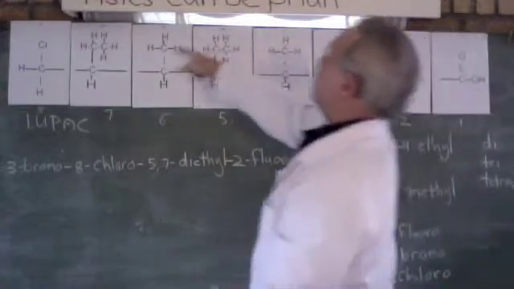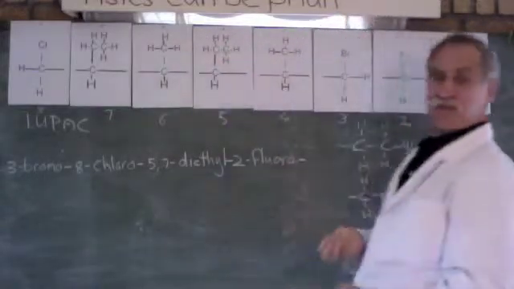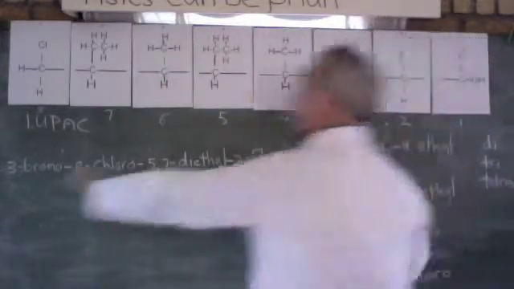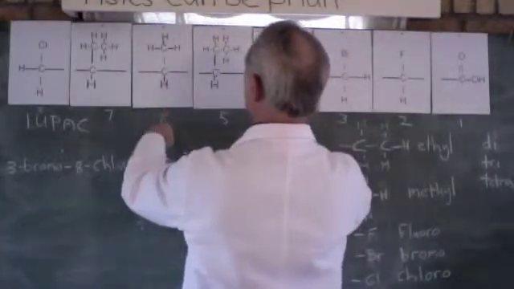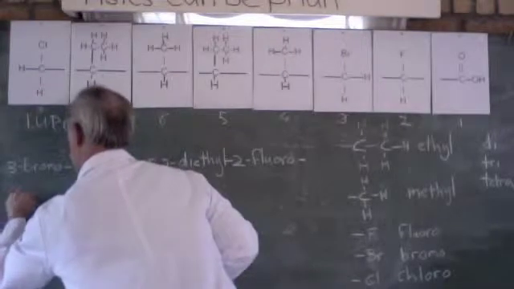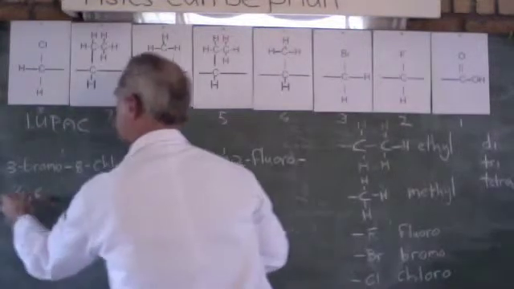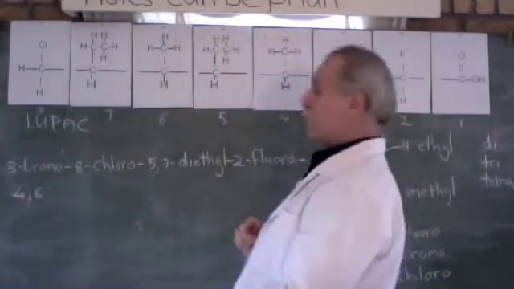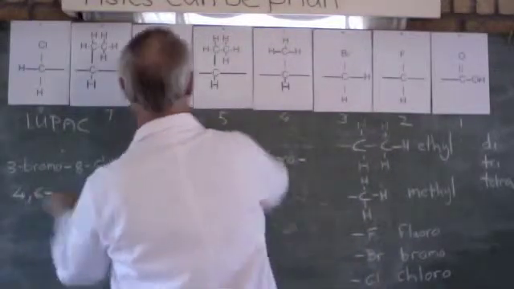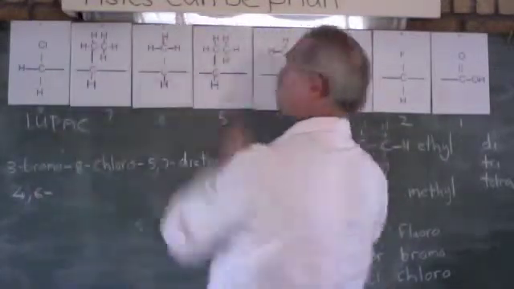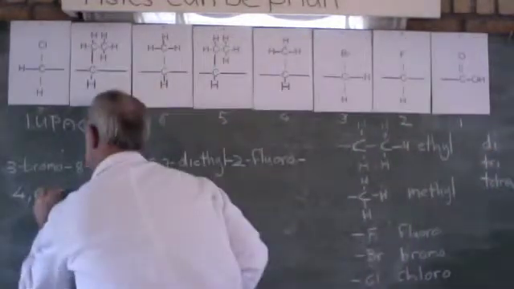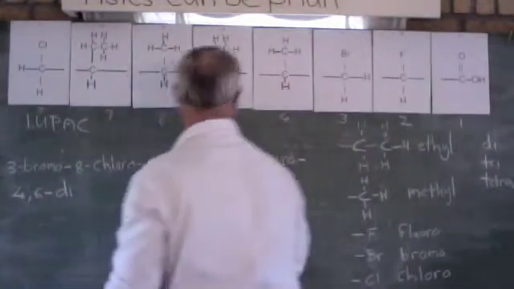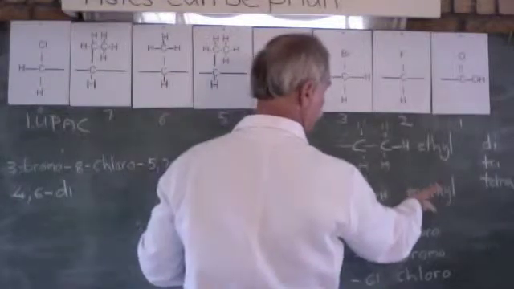And now we've got the methyl groups, right? So I'm going to have to carry on here. The methyl groups are on 4 and on 6. 4,6, separate the 2 numbers together. 4,6. Now there's 2 of them, so again, what do we say? Di. What is the name of the group? Methyl.